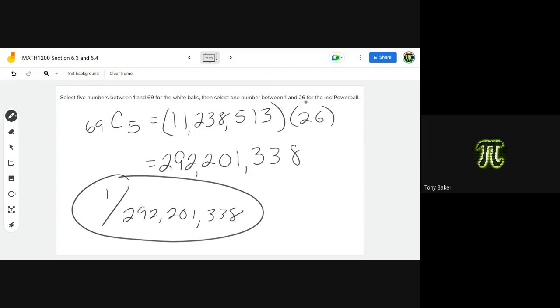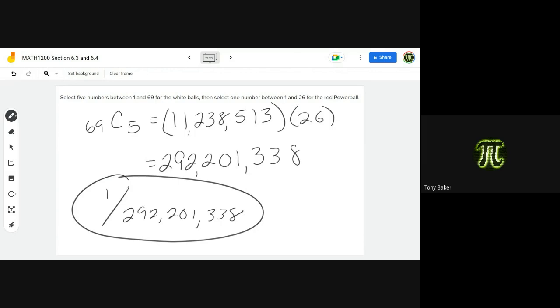If they change just this number right here, from 20 to 26, they just added 60 million different combinations to it. So if I took that 26 and changed it to 30, we're now looking at 337 million different combinations. And if they decided to change that 69 to a 75, we're now at 448 million.